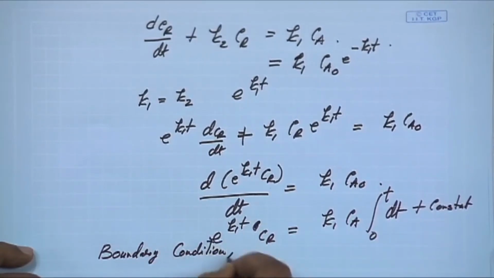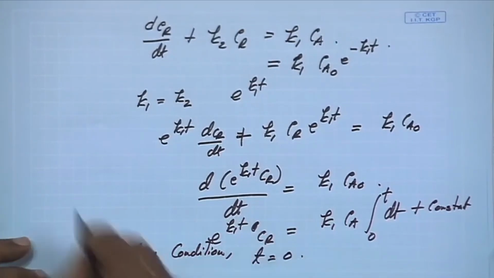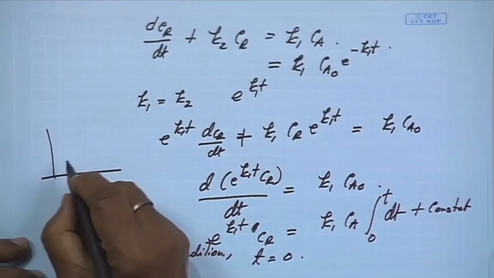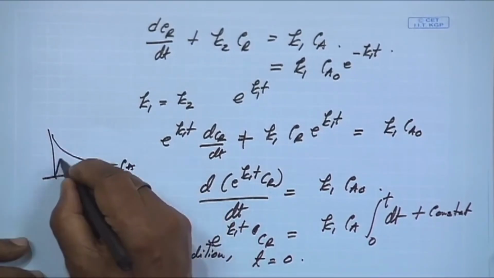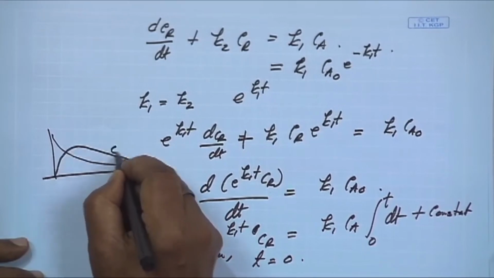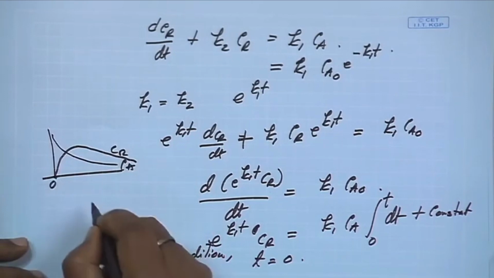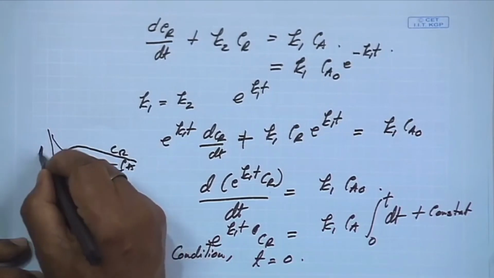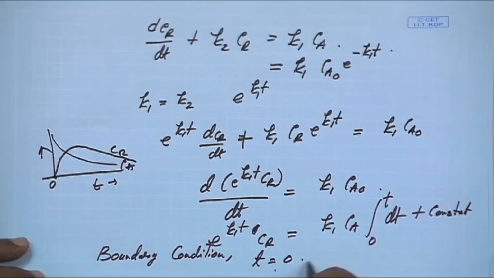The boundary condition is that at t equal to 0, as we have seen in that profile, this is Ca and this is Cr. Here this is 0, this is time, and this is concentration. So at time t equal to 0, I can assume Cr equal to 0.